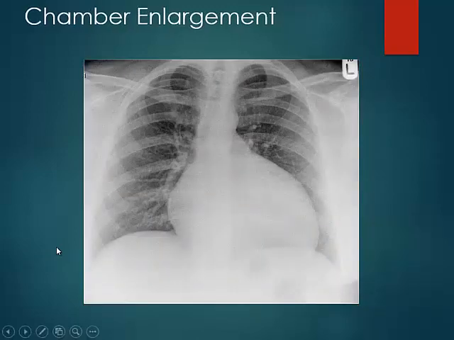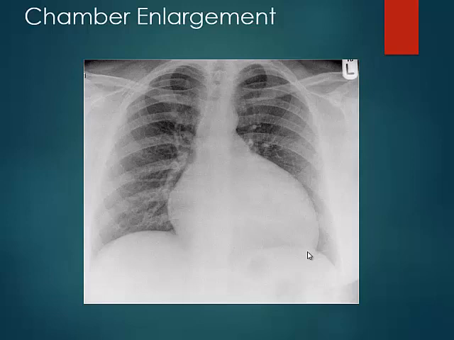Okay, what about this now? If you see here, this is odd, isn't it? What is this border formed by normally? Left ventricle. But when you see a prominent convexity here, that is not enlargement of the left ventricle.